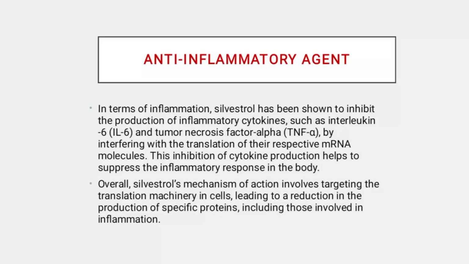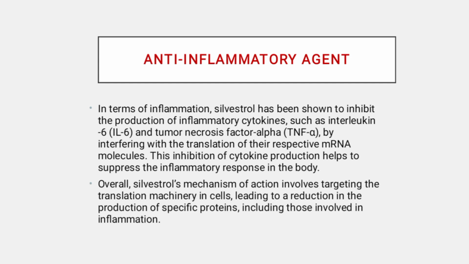In terms of inflammation, Silvestrol has been shown to inhibit the production of inflammatory cytokines such as interleukin-6 and tumor necrosis factor alpha. Necrosis is the death of body tissues.